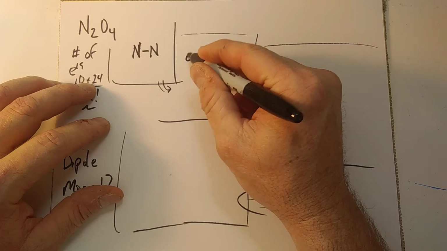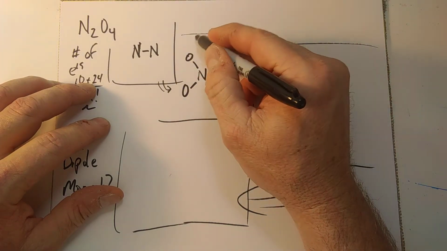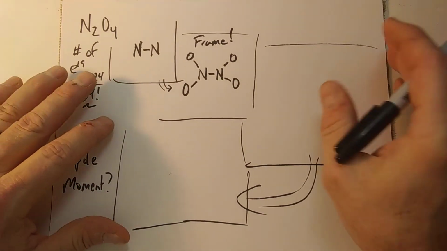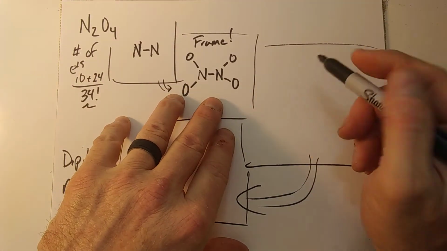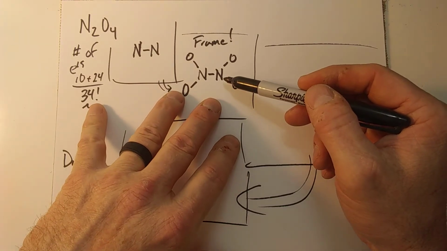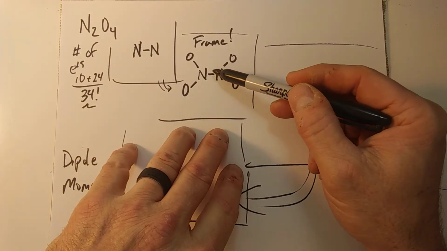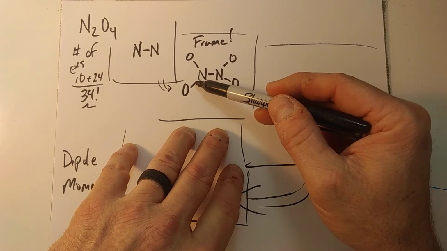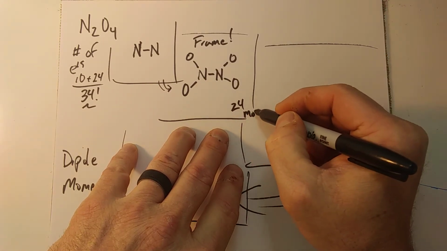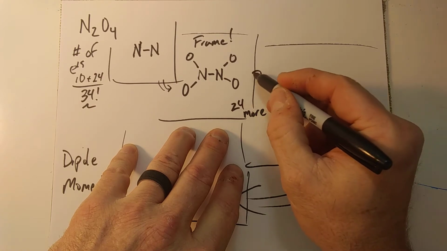And if I do just this, this is now our frame complete. I can determine how many electrons have already made it into this frame from the 34 that I have. 2, 4, 6, 8, 10. So I need to add 24 more as I go to the next box.